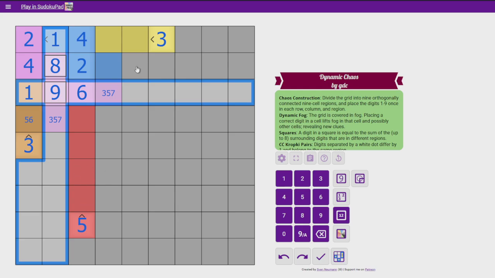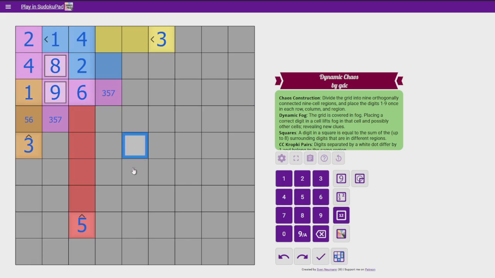So there could be a 1 there. There could be a 1 here, or here, or here. It's one of those 4, I think. I'm not gonna pencil mark that. But, yeah. Okay. Well, now blue must extend, definitely.